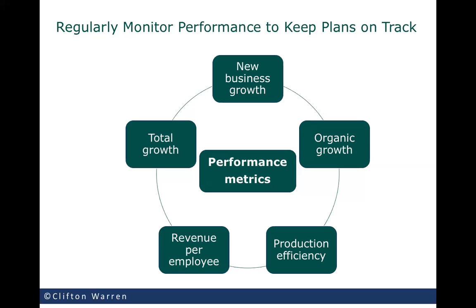Production efficiency. This relates to the amount of face-to-face time, how effective your producers are, how effective your team is, how effective you are in getting out and spending time in the field, in the market, in your marketplace.